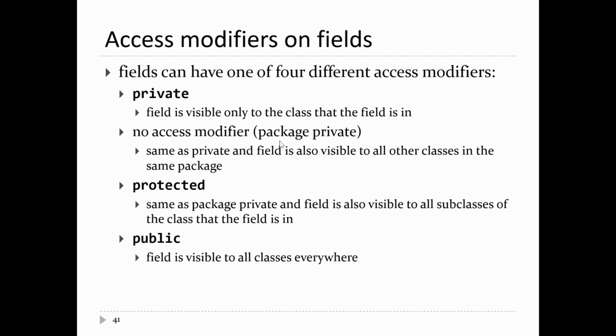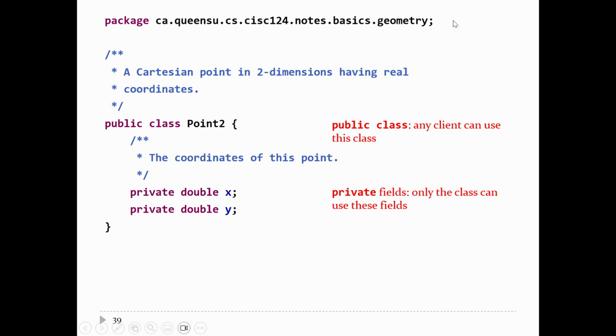So again, the fields are visible to any class inside the same package. What that means is any class inside the geometry package can now access the fields x and y of a point directly by name. If they had a variable p that was a Point2 object, they can then write p.x and get access to that field. They can write p.y and get access to that field.